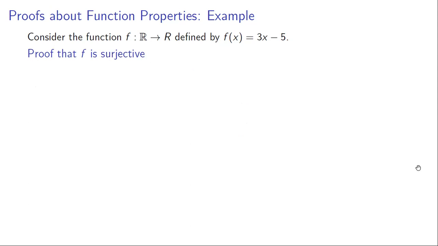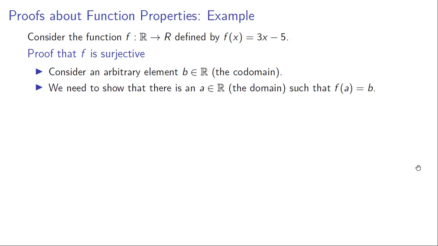Okay, let's prove that f is surjective. So consider an arbitrary element b in the codomain. R is the codomain, and of course R is the domain as well, but here I'm pointing out that we consider an arbitrary element in the codomain. We'll call this element b. We need to show that there is some element a in the domain such that f of a is equal to b.